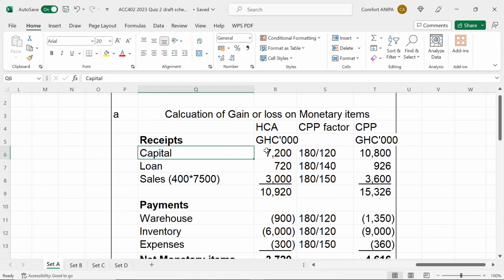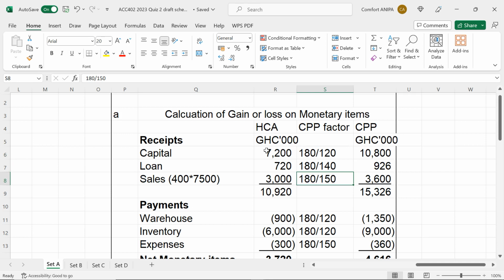You prepare the first one, your cash. And so you identify your cash in the historical amounts, and then your CPP factor using the date the cash came in. So you have your cash receipts: the capital that was raised brought in cash, the loan that was contracted in March brought in cash, and then they made sales which brought in cash.